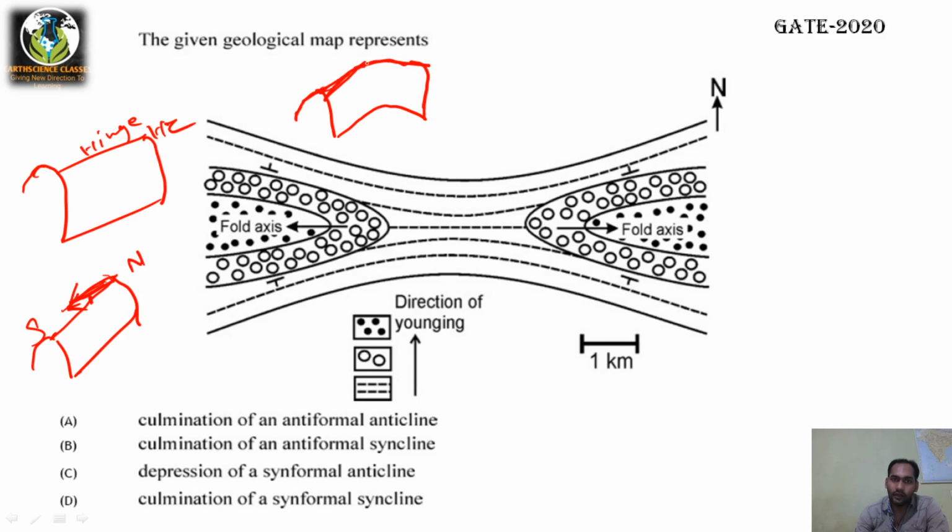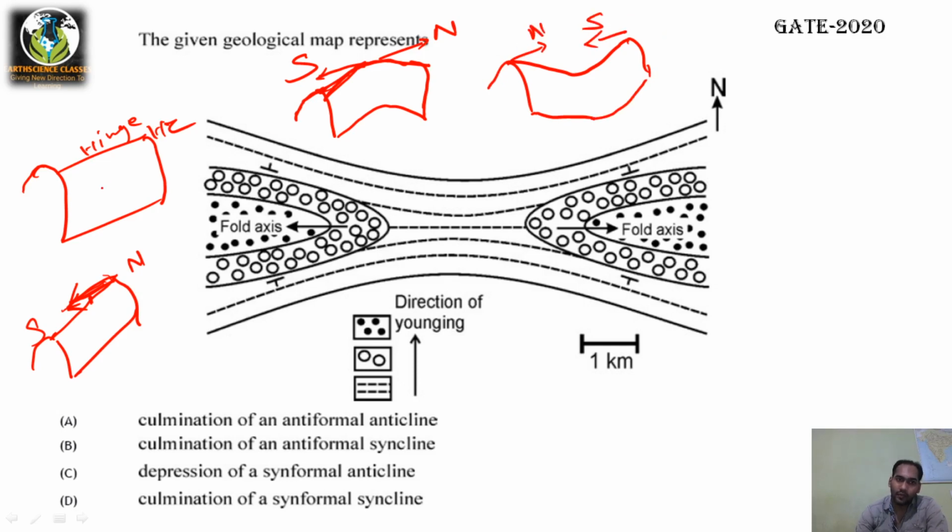You can see the hinge line is plunging in both directions, both north and south. Another way it can be like this. This is plunging north, this is plunging south.